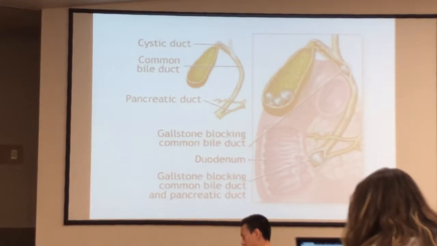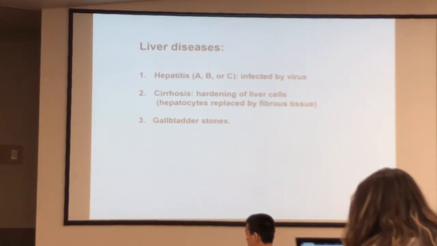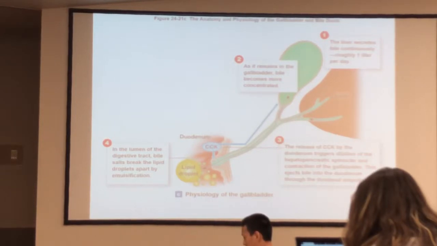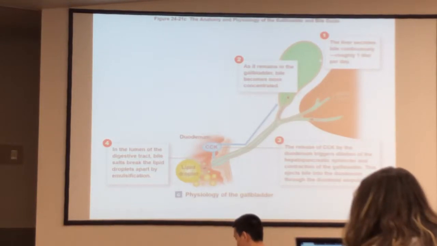And the other problem is that you don't have enough CCK release. The bile becomes too concentrated and becomes crystal, a stone. And that means your bile is not regularly released, and that means in your food, you don't have too much lipid.